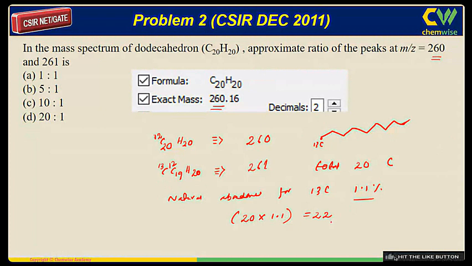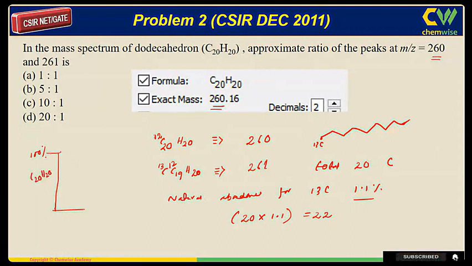Now we are considering the system where each and every carbon is 12C as 100% intensity. So let's say this is the intensity, this is 100%. Here, all the carbon is 12C.